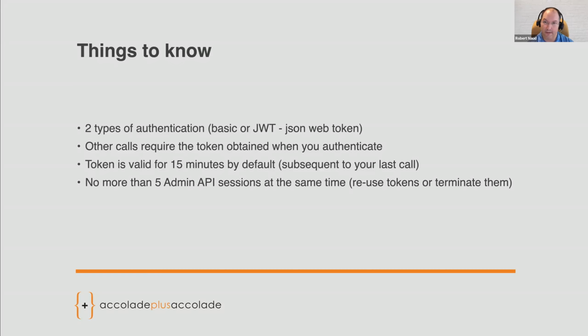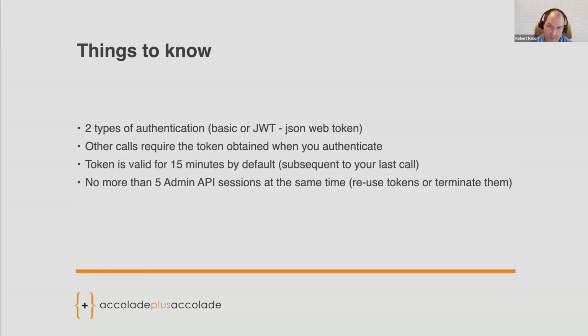And something else is, like we said, once you have the authentication done, you are receiving back a token, and that token you'll need to send along for all of your other requests until it expires. And the token is valid for 15 minutes. So basically the session is valid for 15 minutes following your last call.